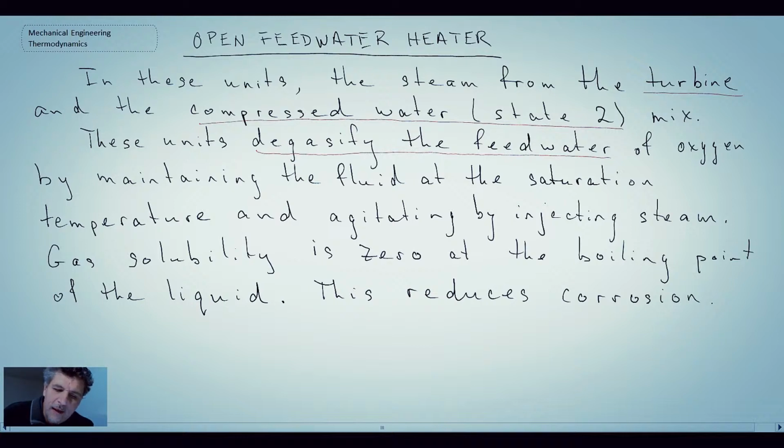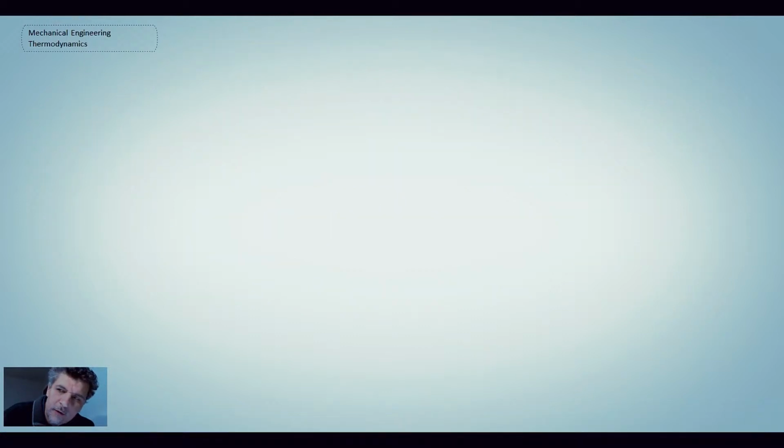So the next thing that we're going to do here is take a closer look at both the process schematic as well as the process diagram for the Rankine cycle using the regenerative with an open feed water heater.